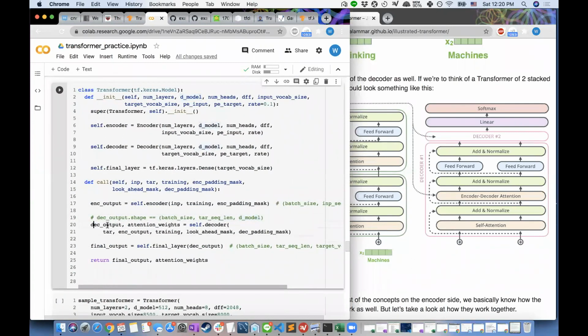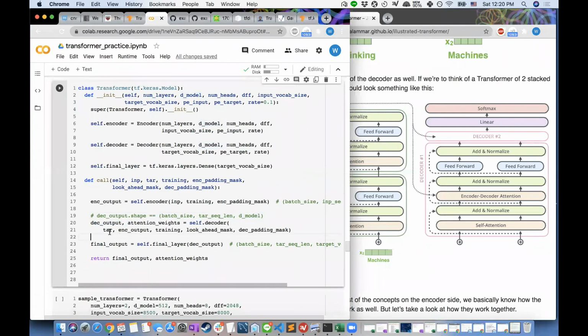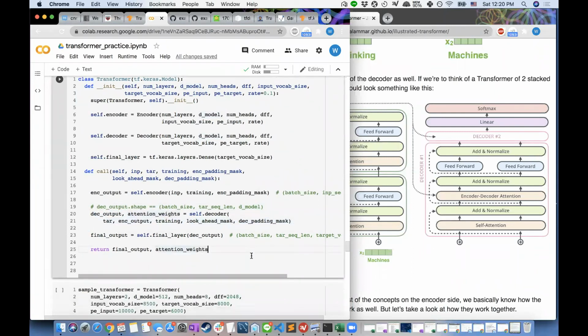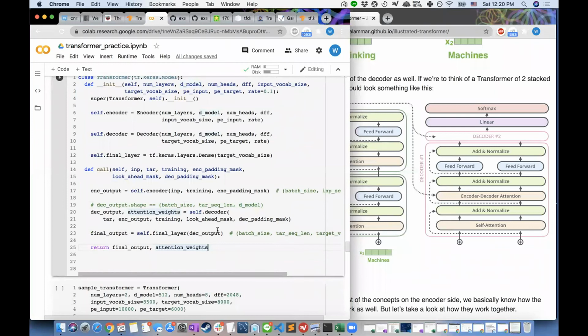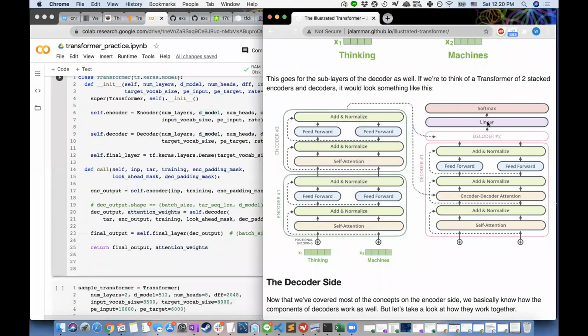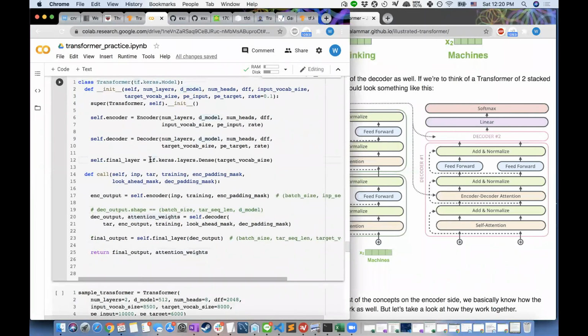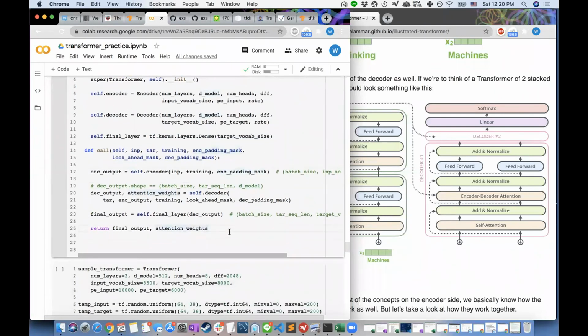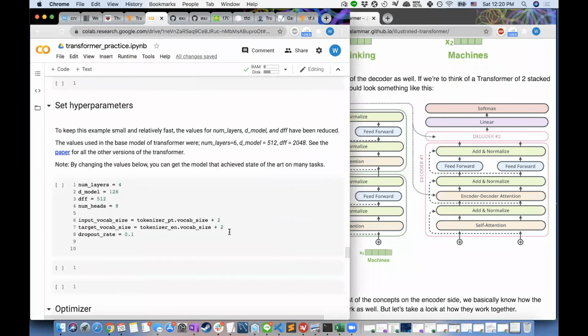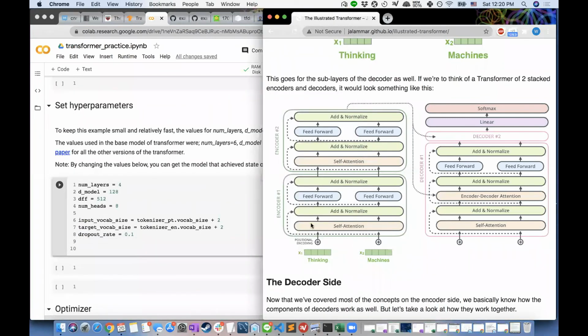And you have dec_output and attention weights from self.decoder. Then the final output: dec_output goes into self.final_layer, the final linear layer that's defined right here. And you output that. Okay, so we literally built up all the architecture here in this graph.